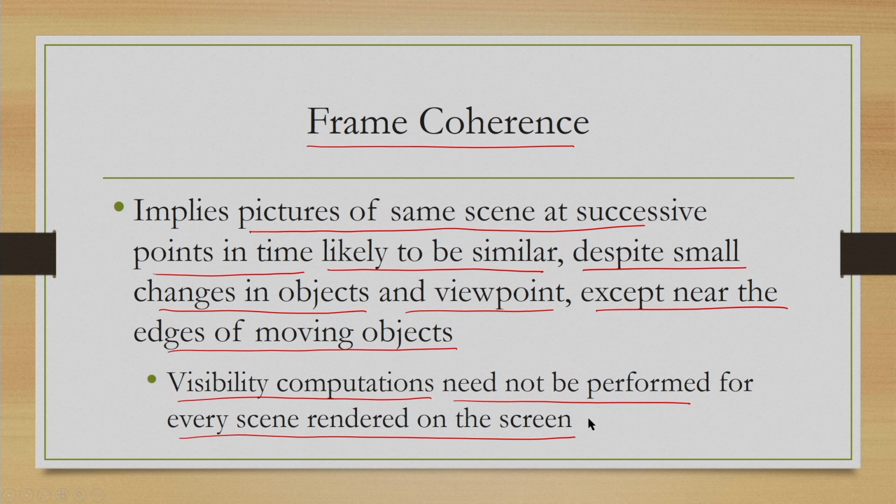So, frame coherence is related to scene change. Earlier coherence properties were related to static images, here we are talking of dynamic change in images, and based on this coherence property we can conclude that visibility can be determined without computing it again and again for every scene.